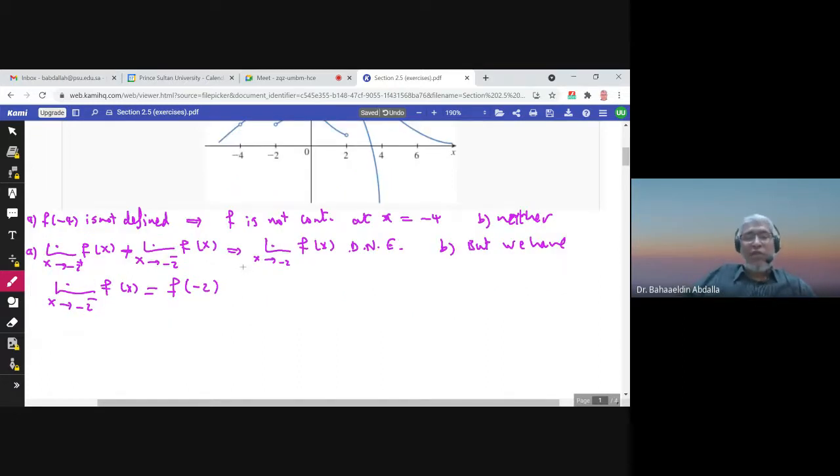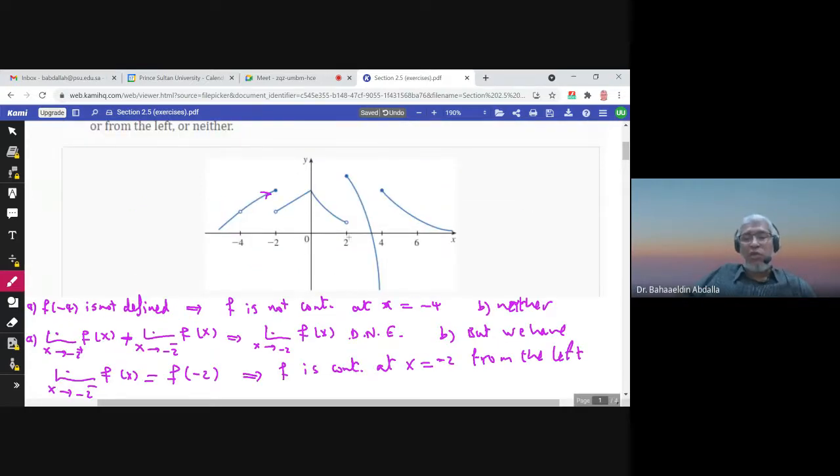And that's the definition of continuity from the left. So f is continuous at x equals negative 2 from the left. Okay, let us go to another number.